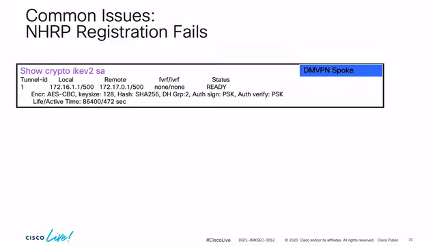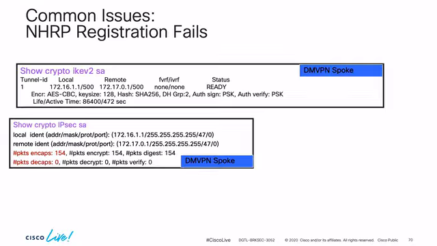A show crypto ikev2 sa on the spoke should indicate that the status is ready. Then take a look at the phase 2 SA to make sure that packets are getting encapsulated and decapsulated. In this particular case, we see that the packet decaps is 0. That means we are not getting any packets back from the hub, because these outputs are taken on the spokes.